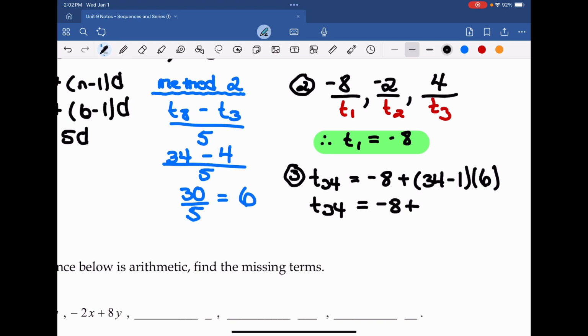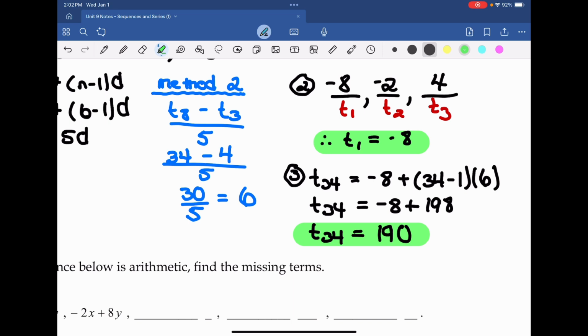We may need a calculator for this one, so I'm just going to pull one up. First, we take 33 and multiply it by 6, which gives us 198. Then if we take 198 and subtract 8, we get positive 190. So in the end, our 34th term should be 190.